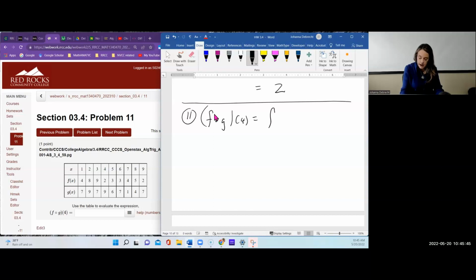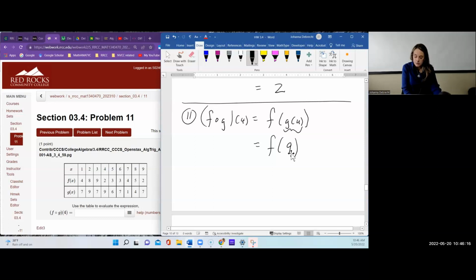This means we have f on the outside and g of 4 on the inside. We start with the inside function again. We go to the one called g, and we let x be 4. We find the 4 in the x row, and then we move down to the g row, and we find the y value when x is 4. That gives us 9. Now we're to evaluate f of 9.